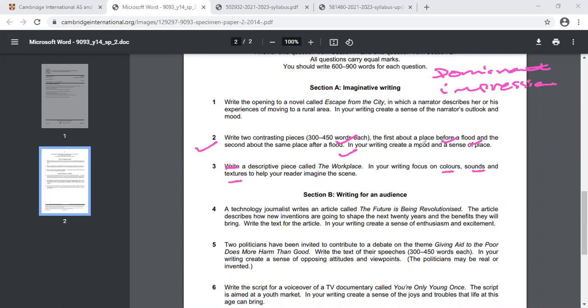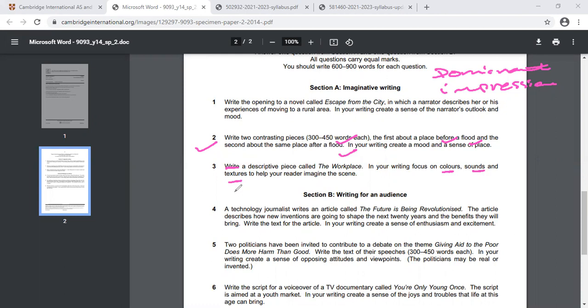So let's suppose if I want to give a negative picture, right? The colors I might choose might be dull. The sounds may not be soothing at all, right?